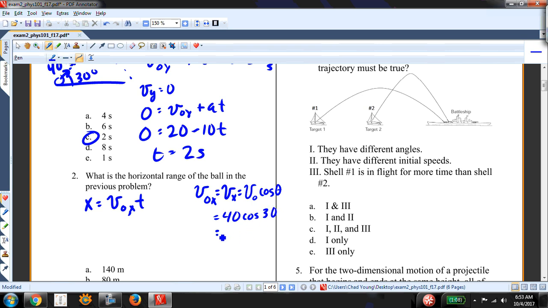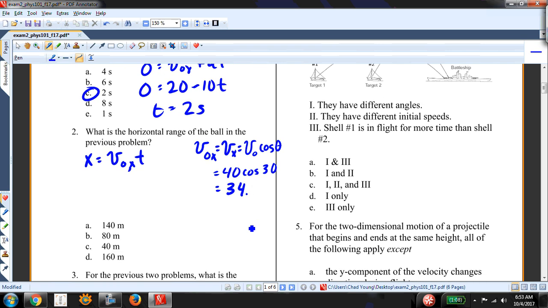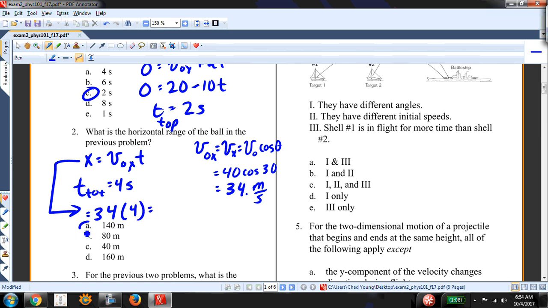So cosine 30 is 0.86, and 40 times 0.86 is 34 meters per second. And we had t top is 2 seconds, so t total is twice that, or 4 seconds. So now we come to x, we get 34 times 4, which is 136. That's going to be A for 2.